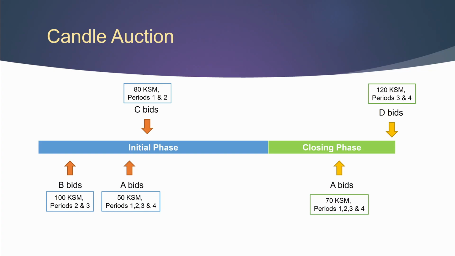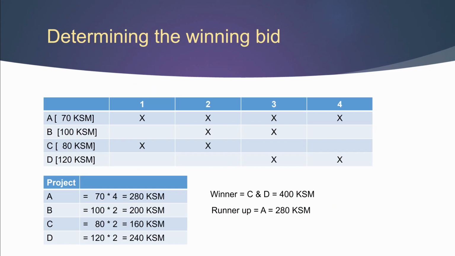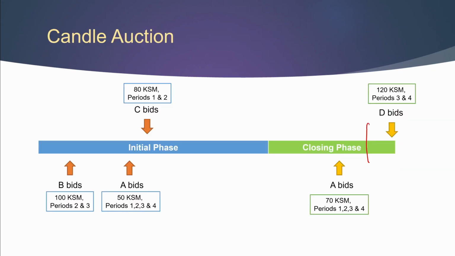However, in this hypothetical, we don't know when the end is going to occur, but let us assume it's before D bids. So if that marker is the cutoff period, then if we re-evaluate based on our previous slide, D won't be in the equation, so we can scratch it off. And under these circumstances, the winner would be A.